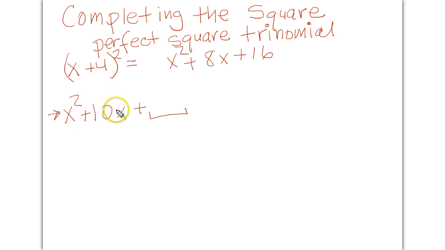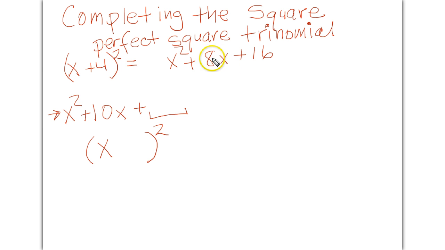The technique for it would be to have it in standard form, put a parenthesis below it that you're going to square, and what would be in this first position here? Well, it would be x, because the rule is you square the x to get this. Now, how did we get this middle term? Well, we multiplied these two together and then doubled it. So there's where we got the 8.